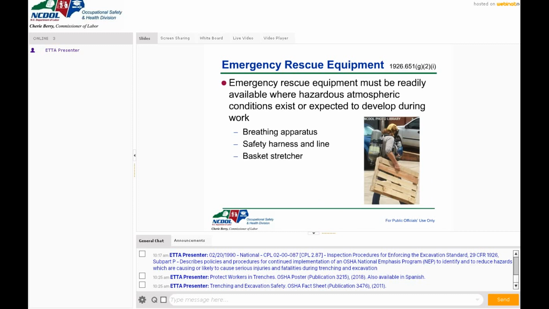When you dial 911, they may not even know where you're at. You may not even know where you're at when you dial 911 in order to get rescue equipment to come out there. Now, if you are doing in-house rescue and you suspect there's a hazardous atmosphere, then you're going to have to provide training and everything else on how to use the equipment in order to be able to get someone out of there.